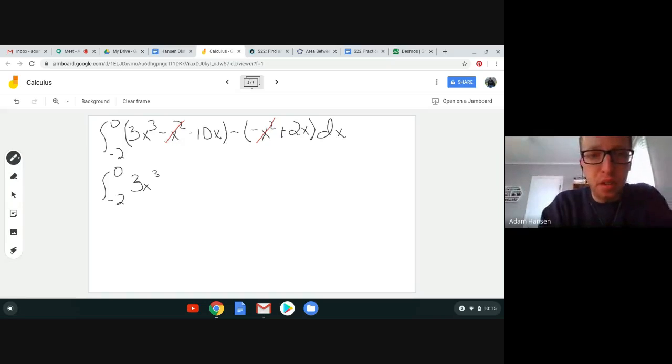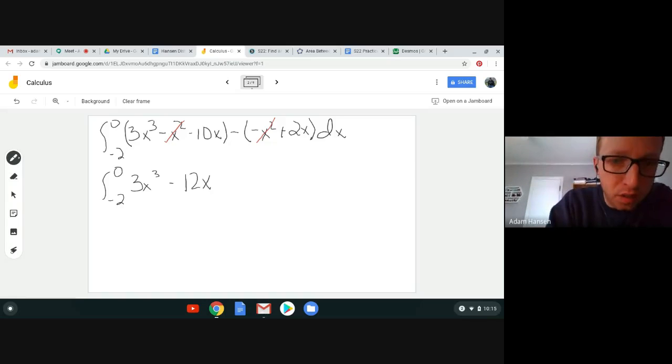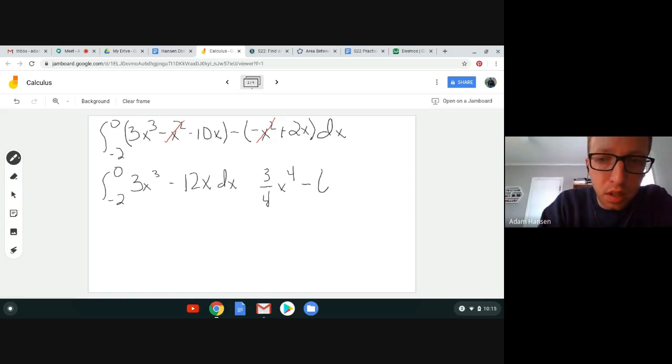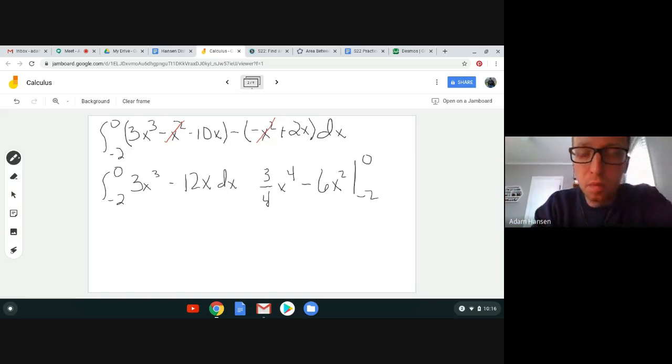Negative 10x minus 2x should be minus 12x dx. We'll need to find the antiderivative and then use the fundamental theorem of calculus to simplify. So this should be 3/4 times x to the 4th minus 6x squared, to evaluate between -2 and 0.